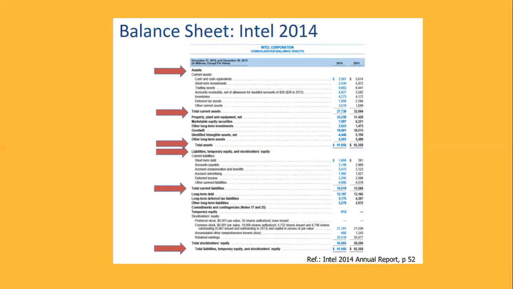So anything that you've picked up that's short-term falls under this category, including short-term debt, accounts payable, accrued advertising, deferred income. All of these are in the current liabilities. And then there is the long-term debt. This is the debt that you've taken over, let's say, a 5-year loan, for example, or a 10-year loan. So that's also in this category. And finally, the shareholders' equity.